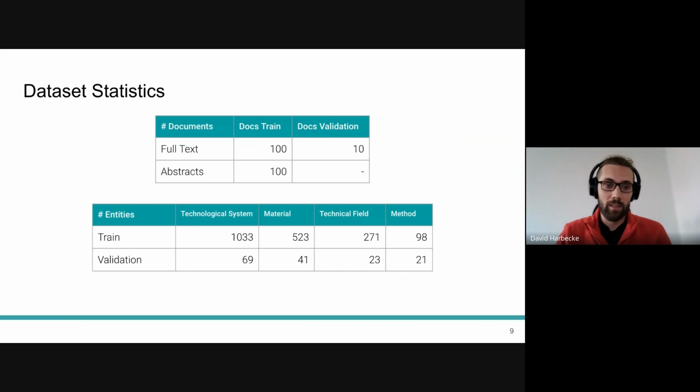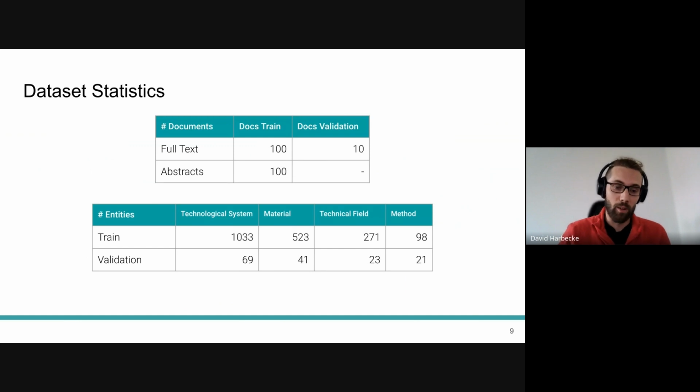For our current data set that we are using, we have the following statistics. We have 2 types of documents, full text and abstracts. For the annotated data in the training set we have 100 full text and 100 abstracts, and 10 documents for validation.